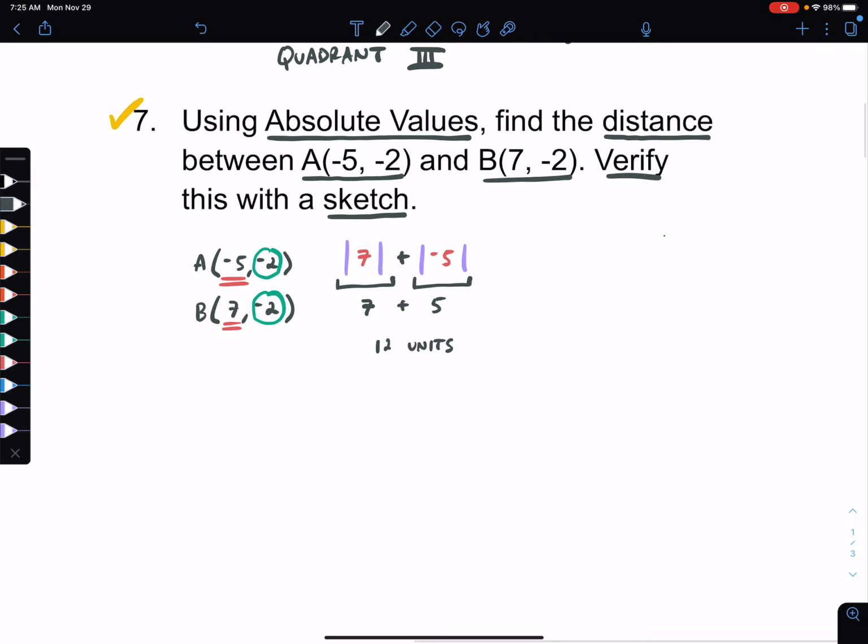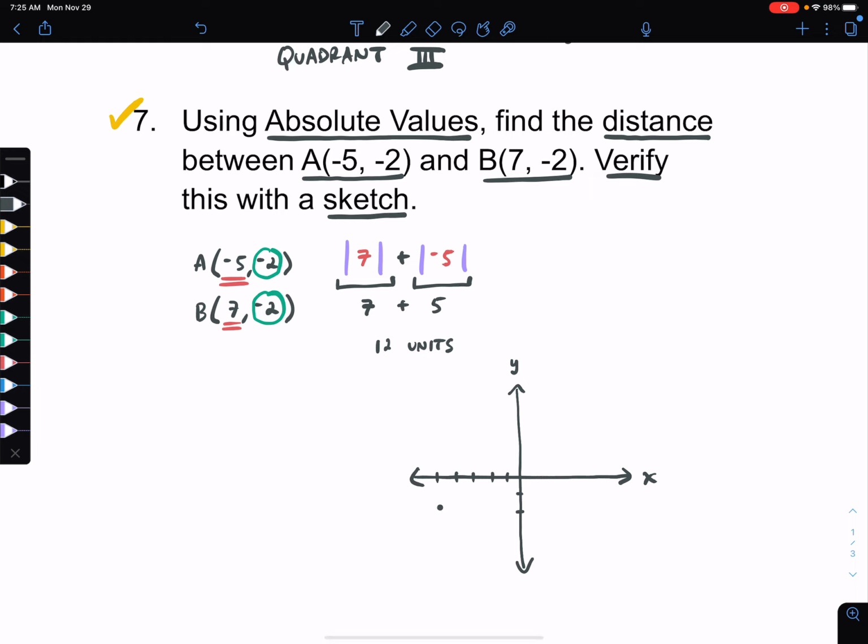It does say verify with a sketch, so we can go ahead and draw a rough sketch here. It doesn't have to be perfect, okay? So let's just try to make a rough sketch here. I think I could draw that a little better. Something like this. Okay, so where's the first point? A is -5, so 1, 2, 3, 4, 5, and -2.